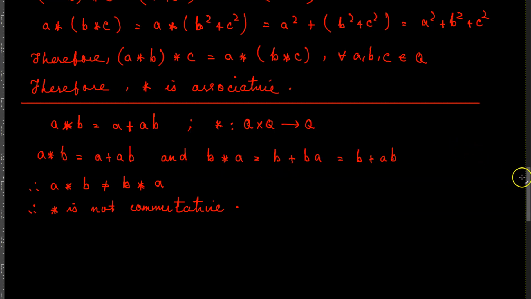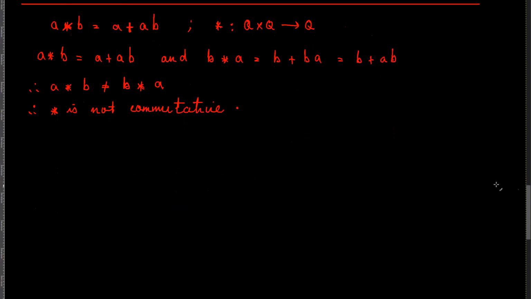And then about being associative, you can say that a star b star c is the same thing as a star, and now b star c would be b plus b times c.